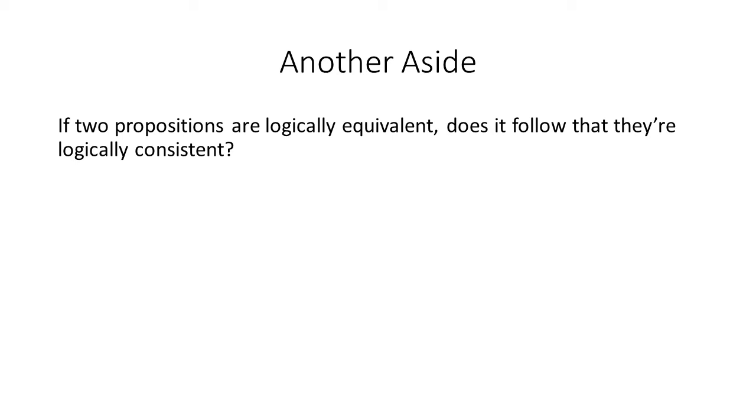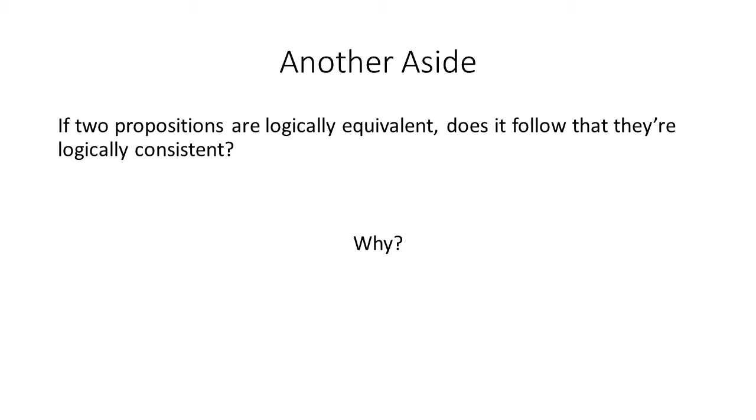So if two propositions are logically equivalent, does it follow that they're logically consistent? No. Well, why? Think about it this way. Two propositions are logically equivalent if they have the same truth value in every possible circumstance. Now consider self-contradictories.